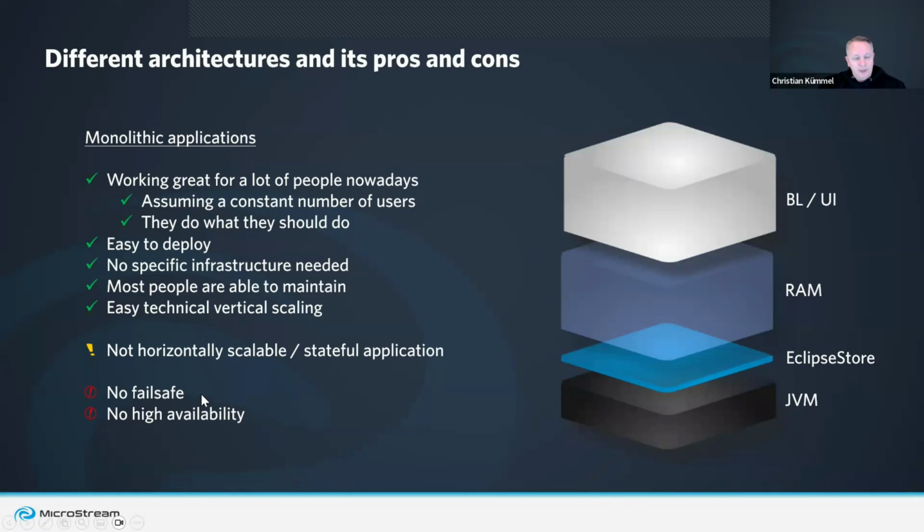It doesn't prevent you from failing, but it keeps the impact as small as possible. And high availability means keeping the response times within an acceptable time frame, even if we have an enormous amount of access to the servers, for example. So that means high availability.